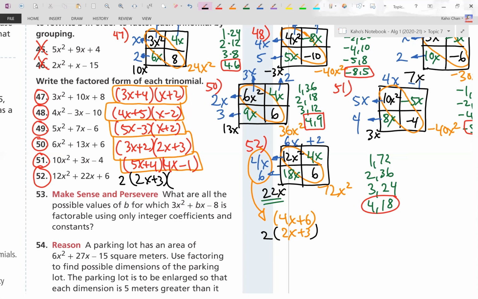This is awkward. 72. 22, 72, yeah, that looks 4x. 18, 6, 4, 6x, 2. Oh my gosh. This is fascinating. All right. For some reason, this 52 is not coming out.